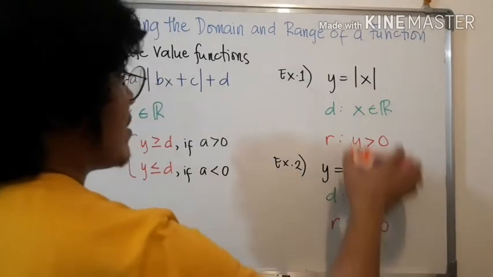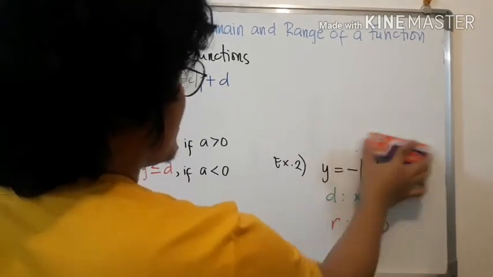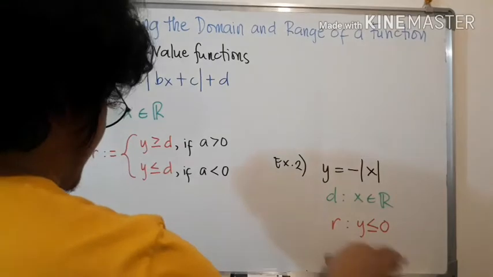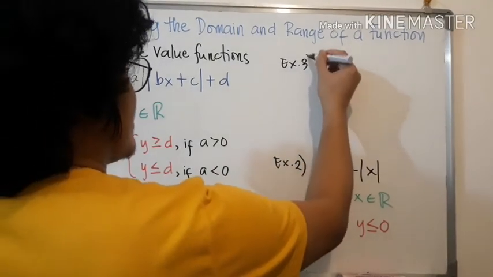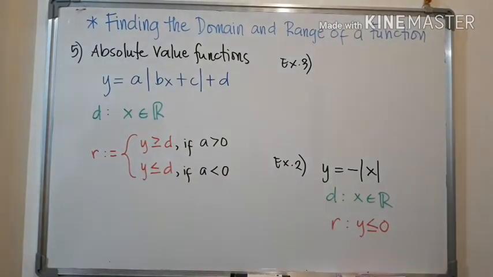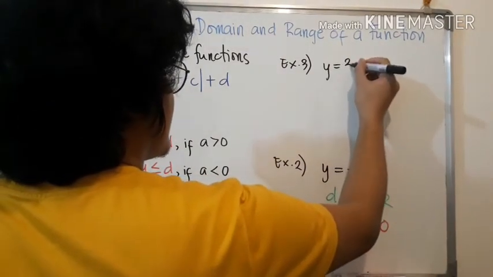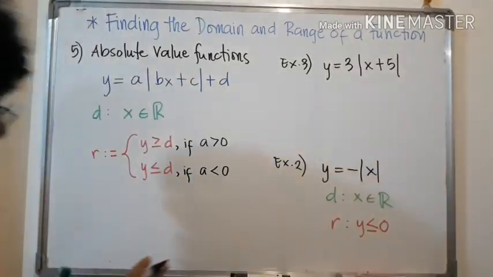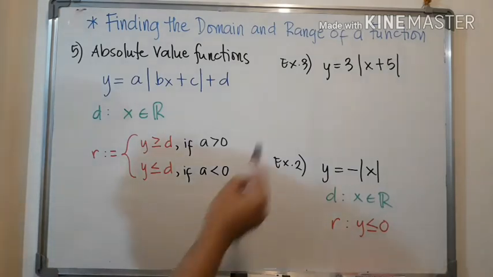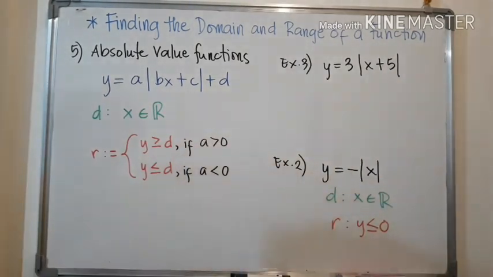Okay, so let's have example number 3. We have y is equal to 3 times the absolute value of x plus 5.